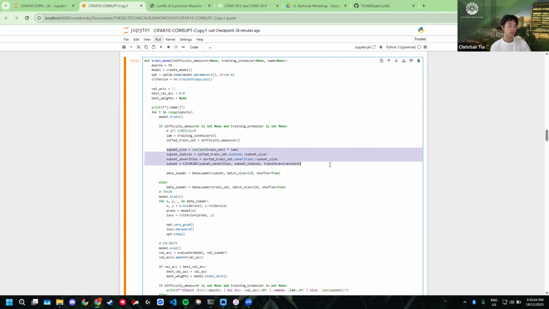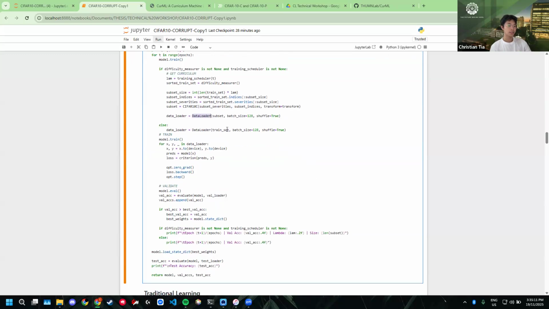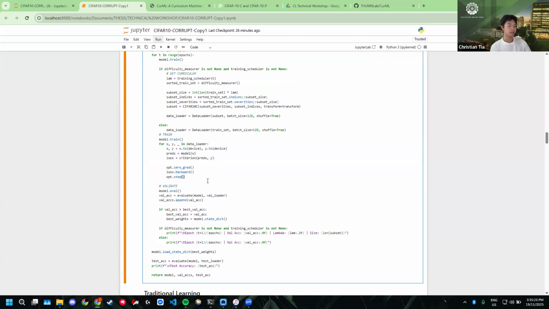And that's what these lines do. Once we have our subset, we load it into a data loader with the same batch size, and then start training. This is a very basic train loop as well, looping through the data loader, getting all the batches, calculating the backprop, and then stepping the optimizer.